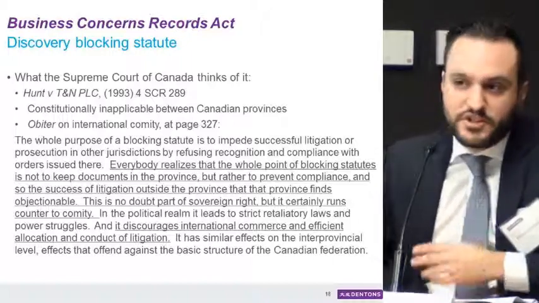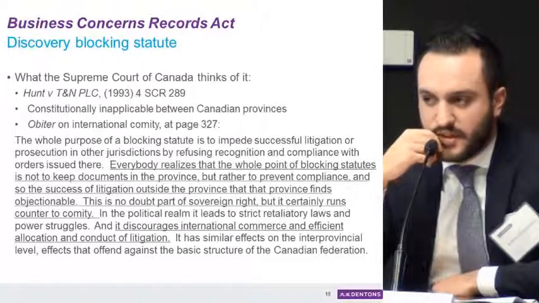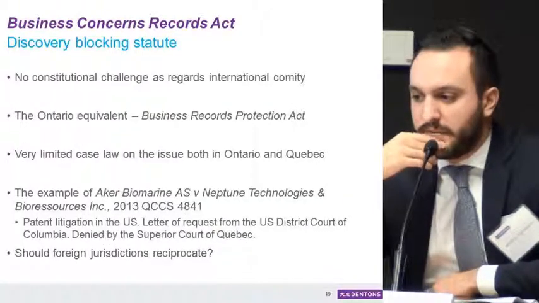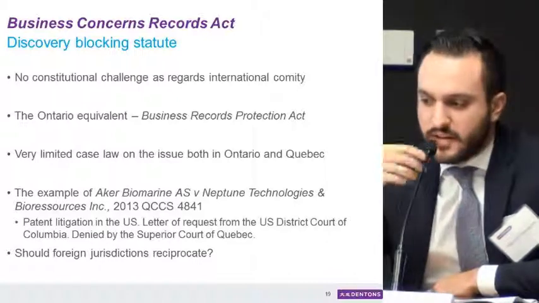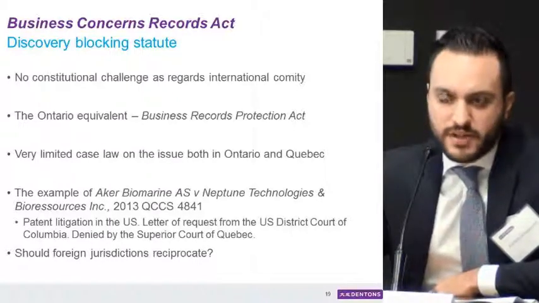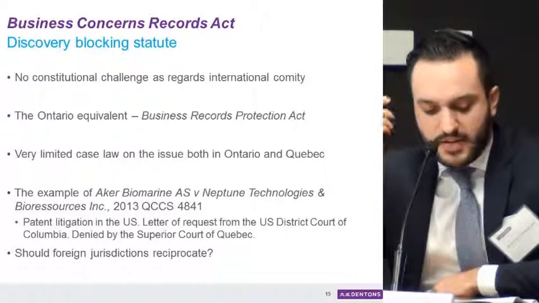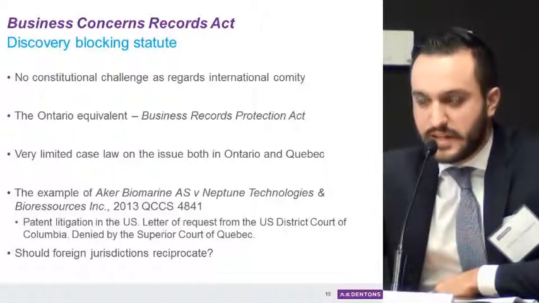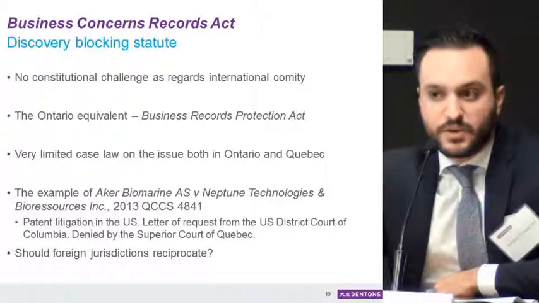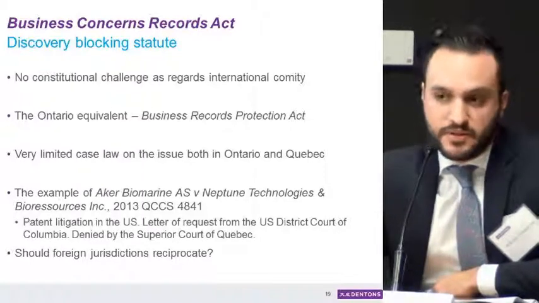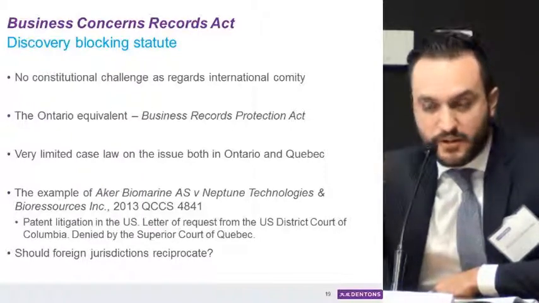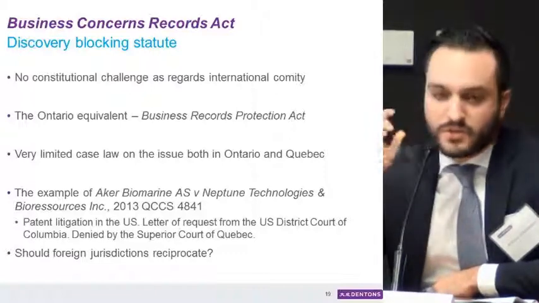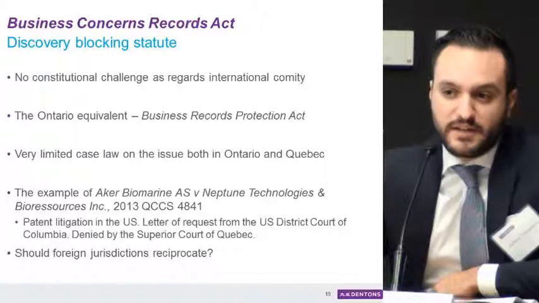Now, there has not been any challenge of this statute in an international context, both the Quebec and the Ontario equivalent. There's very limited case law on this issue. In Ontario, we found 3 cases that dealt with the Business Records Protection Act, and only in one case was the person being requested the document successful in invoking the Business Records Act of Ontario. But what's funny is that case was actually rendered by the Quebec courts.